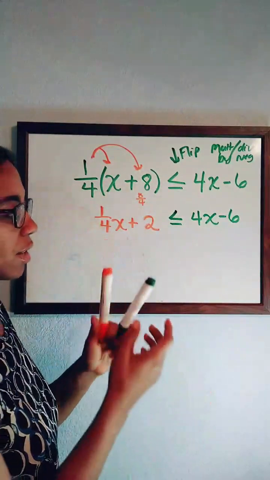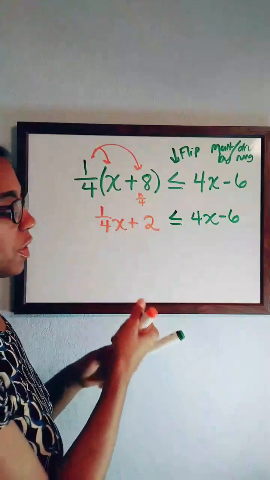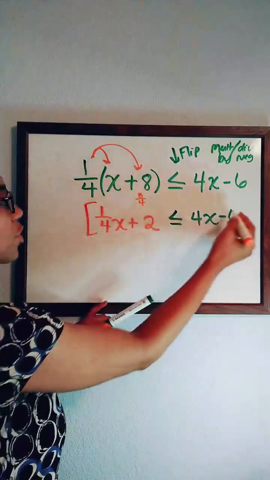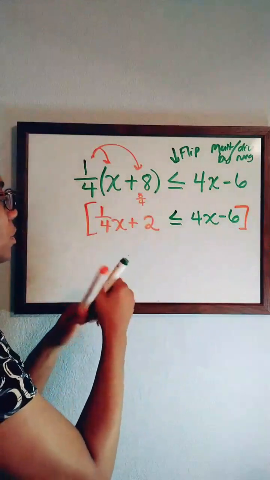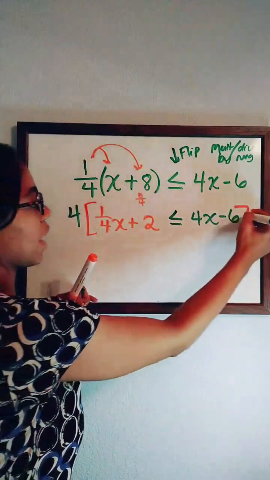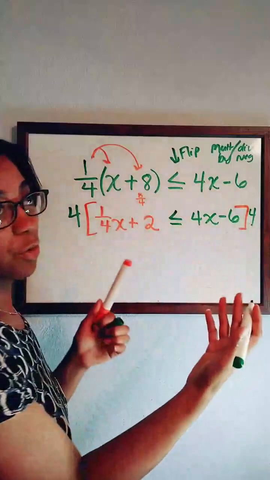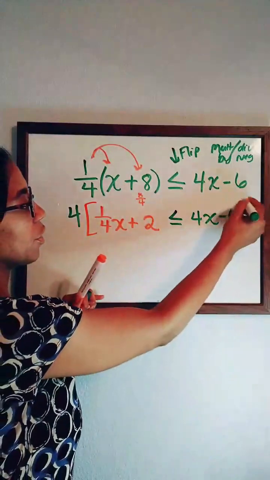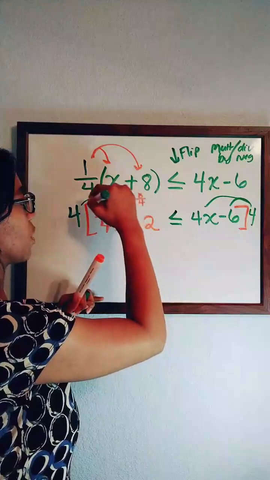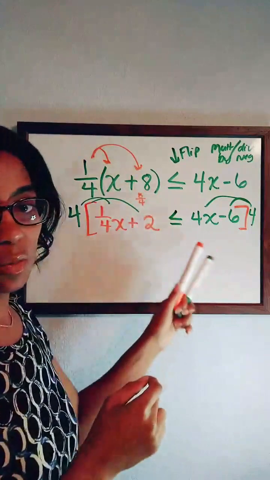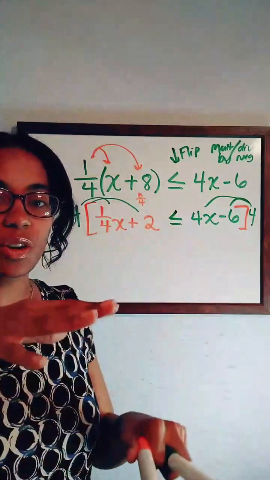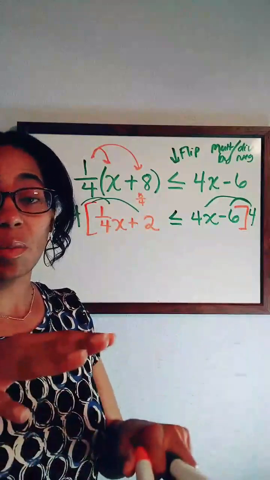But if you don't, then you are going to have to treat this as one big problem. Put a 4 on the outside, or not 4 over 4, 4 over 1. And you're going to distribute this 4 to everything in this problem because that's the only way your equation is going to stay balanced. It has to stay equal.